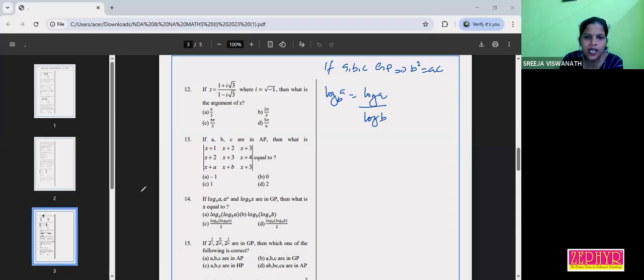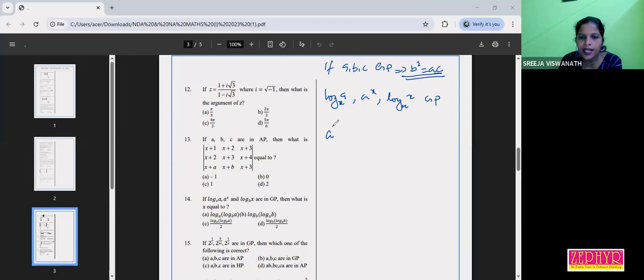So here, given that log a to the base x, a raised to x, log x to the base b are in GP. By this property, the square of the second term, a raised to x the whole square, equals the product of the first term and the last term. Now that is a raised to 2x. By the property, log a to the base b is log a by log b.